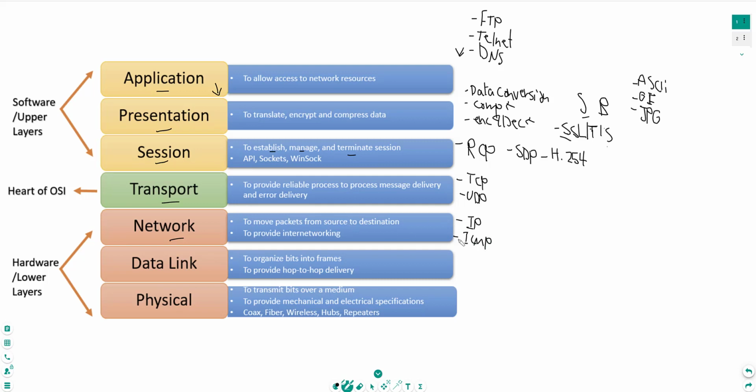Also, how the path is determined from the source to the destination is done using routing protocols. I'll be explaining in a bit what the data is called at each of those layers and what headers are added at each of those layers.